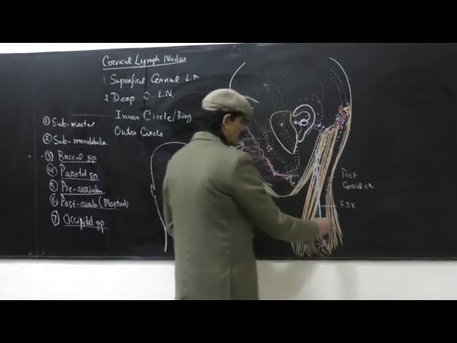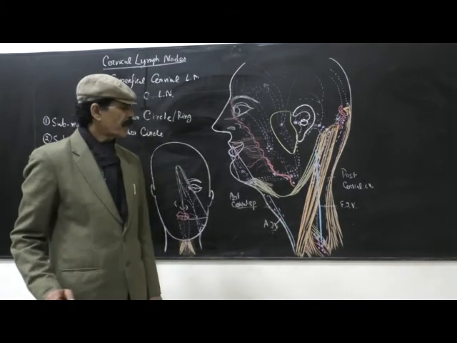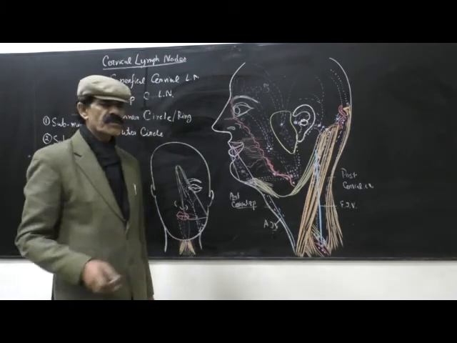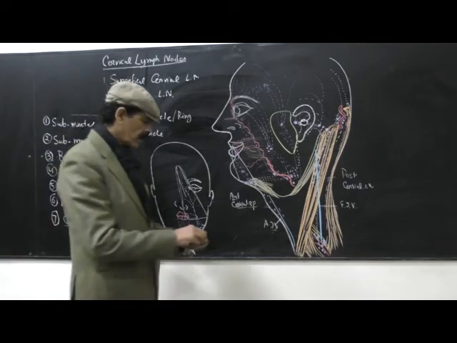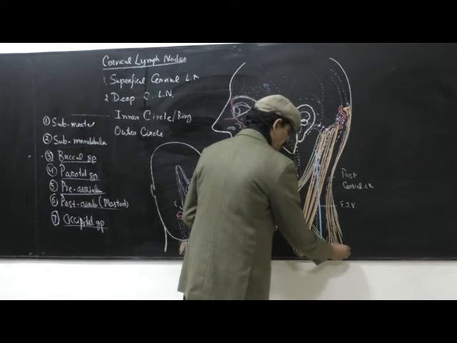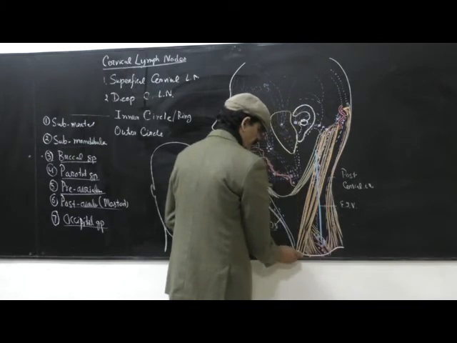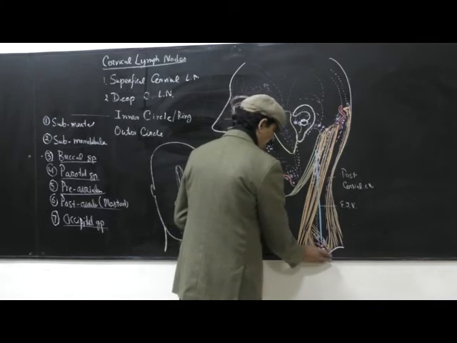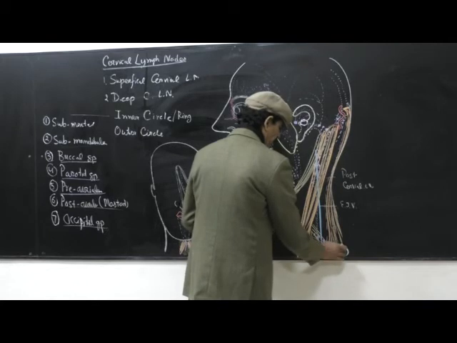These nodes around the subclavian artery and the brachial plexus are also called the supraclavicular group of lymph nodes. So this is the clavicle. They are lying above the clavicle, so they are the supraclavicular lymph nodes.